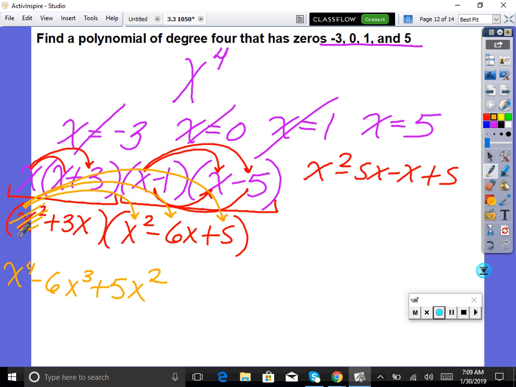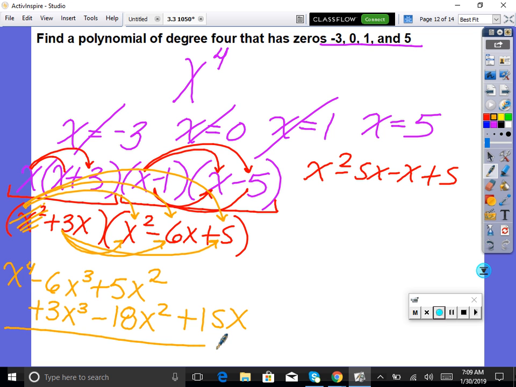I cross it out so I don't start doing weird stuff like double dipping. Positive 3x times x squared is positive 3x cubed, I'm going to line it up right here. Positive 3x times negative 6x is negative 18x squared. Positive 3x times positive 5 is positive 15x.